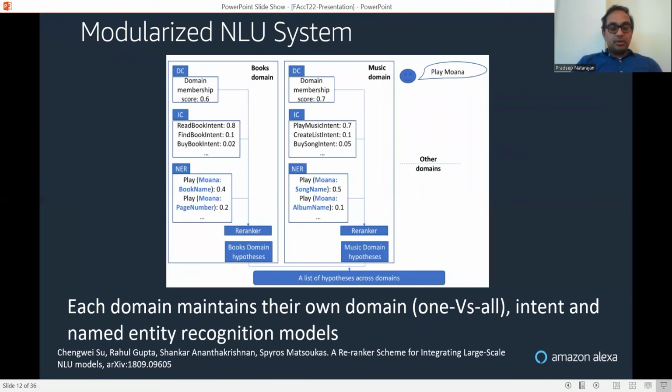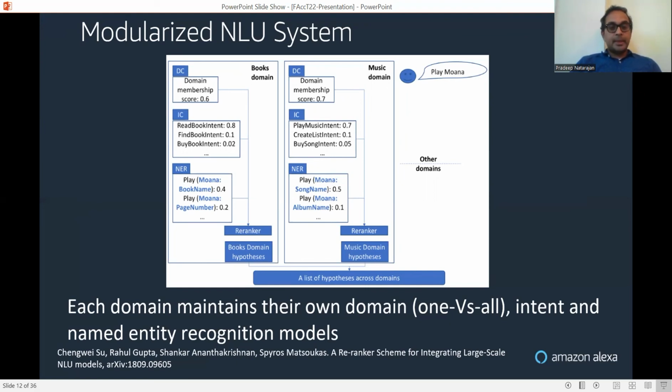To illustrate, this is how the modularized NLU system looks. For example, the books domain will have a domain classification model that can process every utterance and provide a confidence on whether the utterance belongs to that domain or not. Similarly, they also have intent classification models that decide whether an utterance is a read book intent or a find book intent or a buy book intent, and so on.